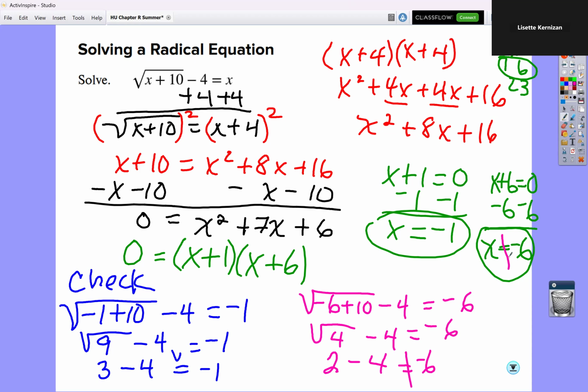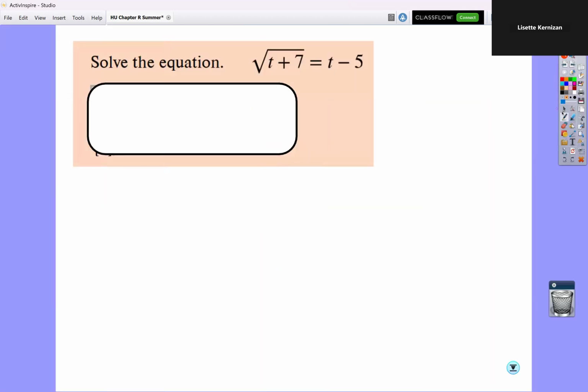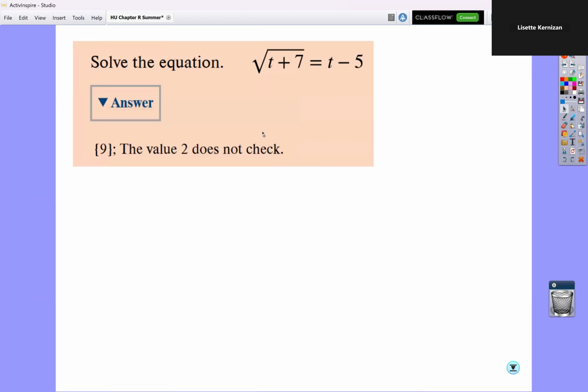So this one is not a true solution. All right, so make sure you check. Okay, so try this one, pause the video. You should have gotten 9 for your solution, because the 2, when you plug it back in, does not work.